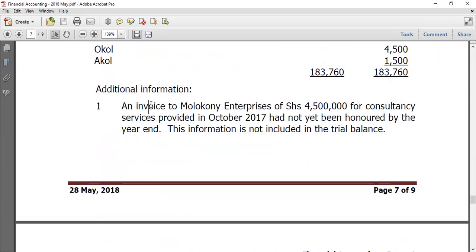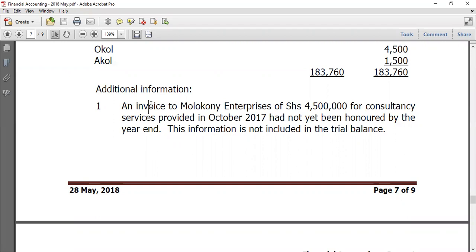Now, the question comes here and says additional information: an invoice to Moroconi Enterprises of shillings 4.5 for consultancy services provided in October 2017 had not yet been honored by their end.